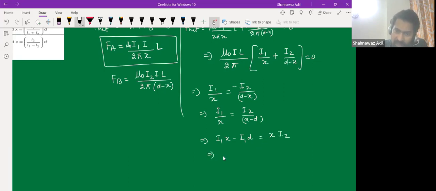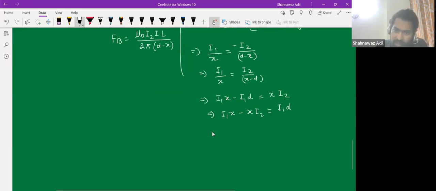So if I take I1x minus x I2 and this is I1d, I will get x common: x times I1 minus I2 equals I1d. So x is I1d divided by I1 minus I2.